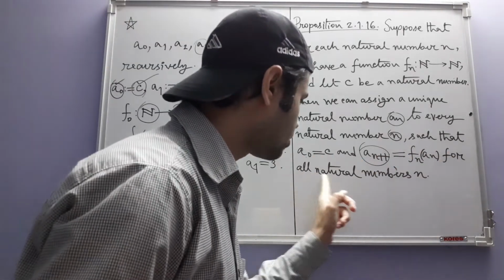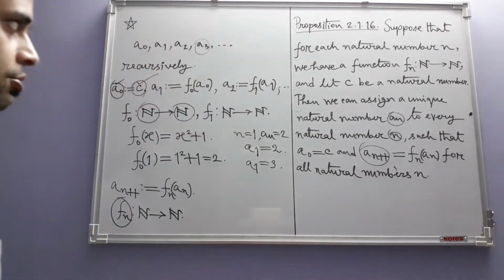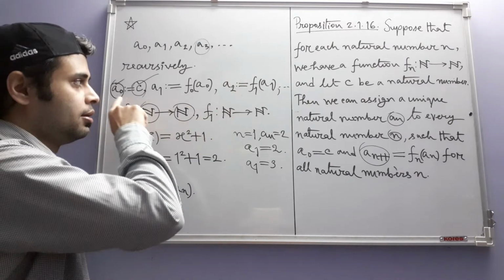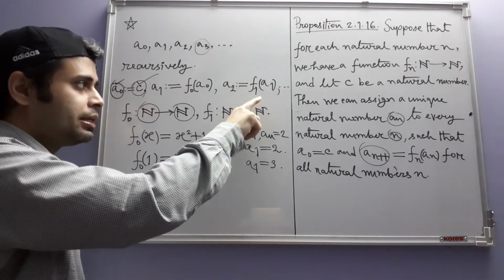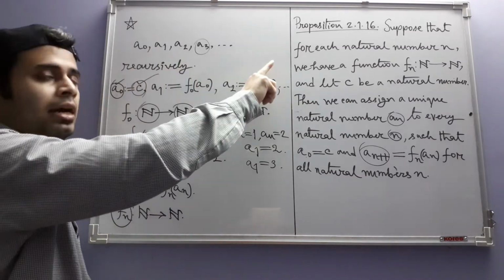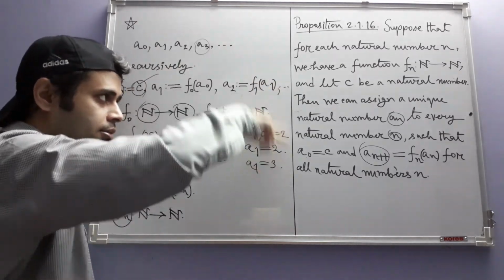And this happens for all natural numbers n. So the question that was raised, since this is an infinite process, is what is the guarantee that I will end up defining all the values? That answer is this proposition.